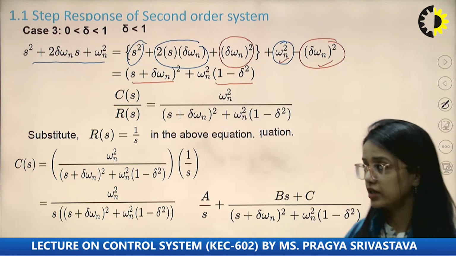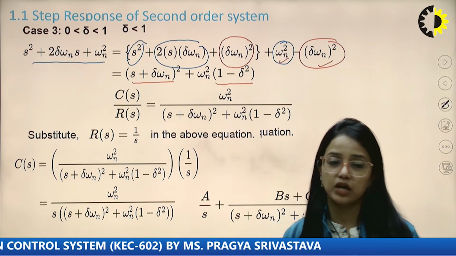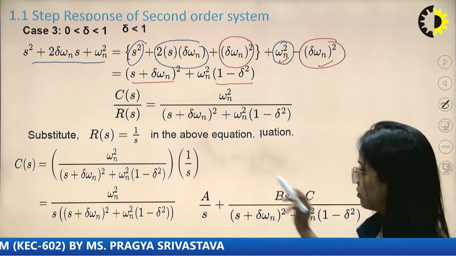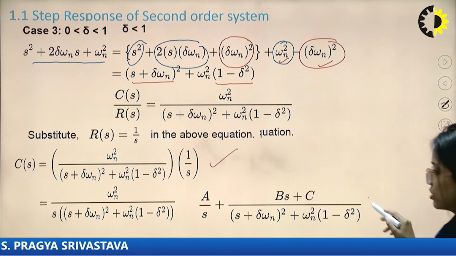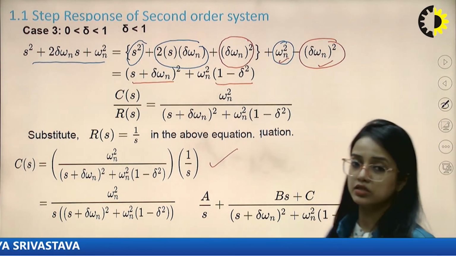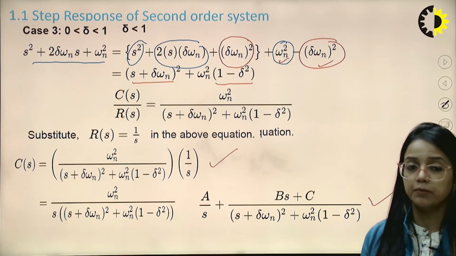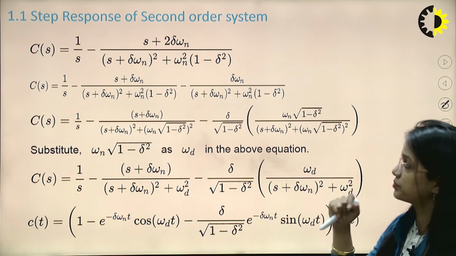Now again unit step, we have R(s) equals 1 by s, and we are multiplying R(s) on the RHS. Multiplying this, we have a partial fraction, which will be A plus Bs plus C. Substituting the values of A, B and C, the system can be rewritten like this.